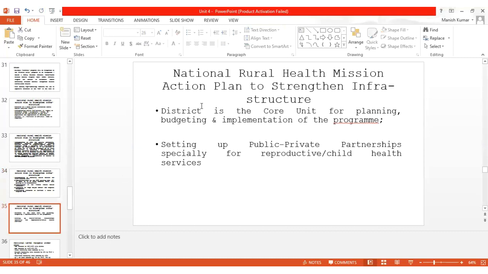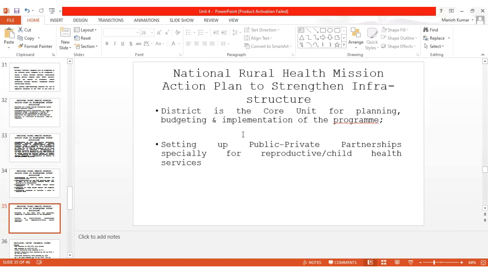So district is the core unit for planning, budgeting, and implementation of the program. Each district is supposed to have a district health action plan. They should prepare DHAP, that is district health action plan. Every district should come up with their own health action plan, and accordingly this district health action plan should be merged in form of PIP at the state.